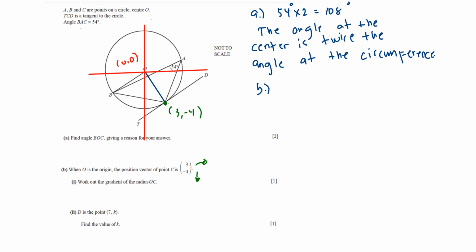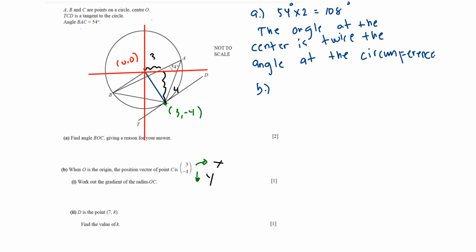So 1, 2, 3, and then 1, 2, 3, 4. So 3 is the x movement, and negative 4 is the y movement.